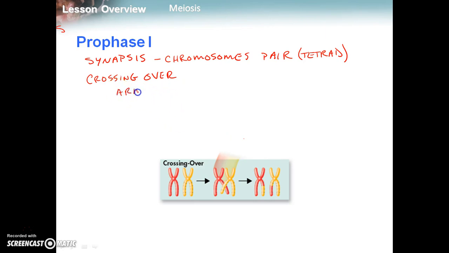The arms cross, and then they will actually exchange a portion of DNA. And what that does, and it's very important, is it gives us genetic diversity. It's going to allow cells to have different combinations of DNA at the end of our division.